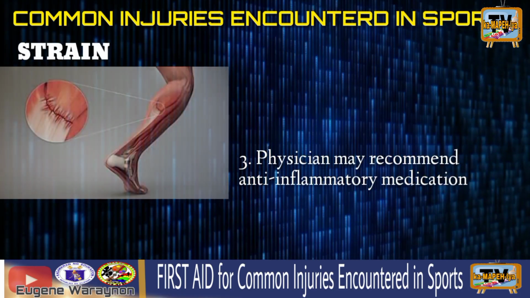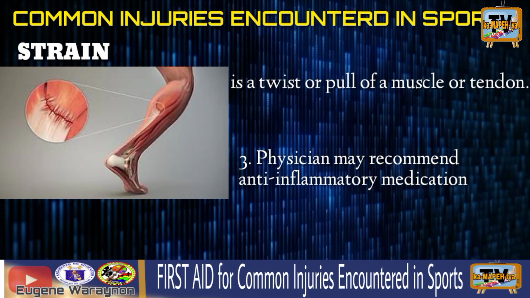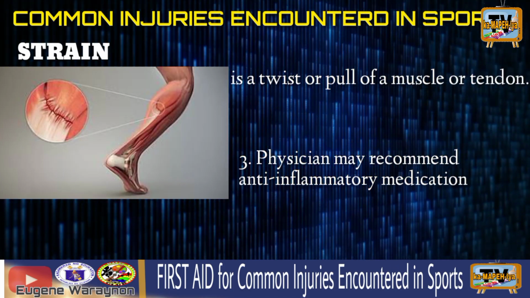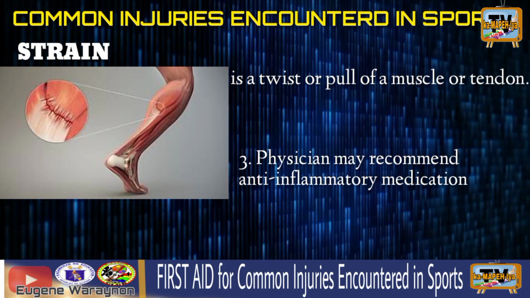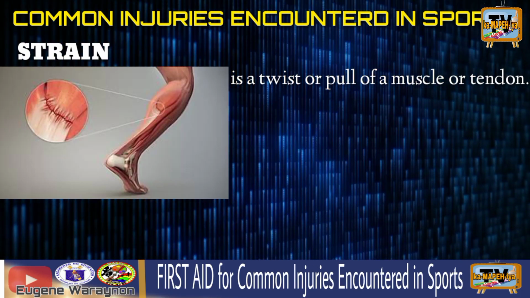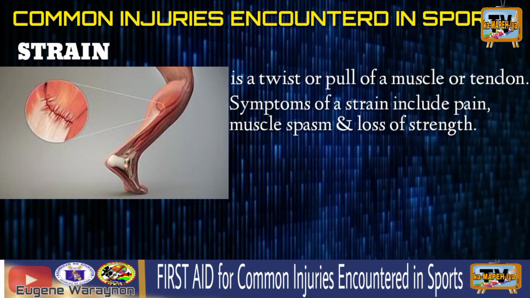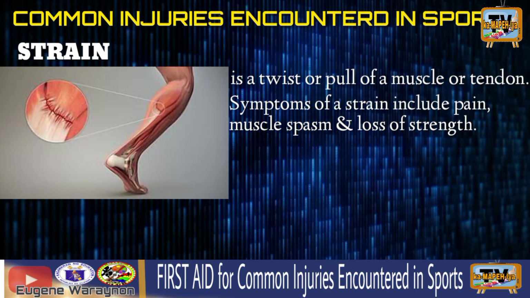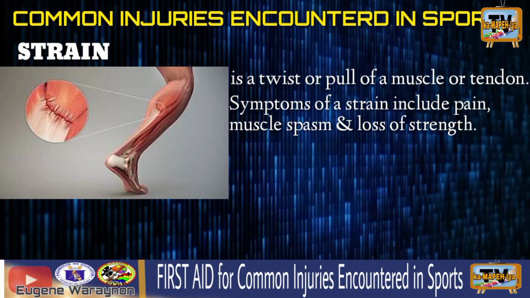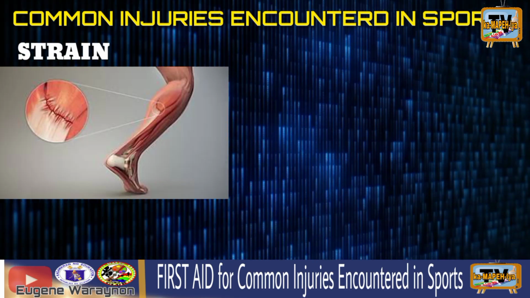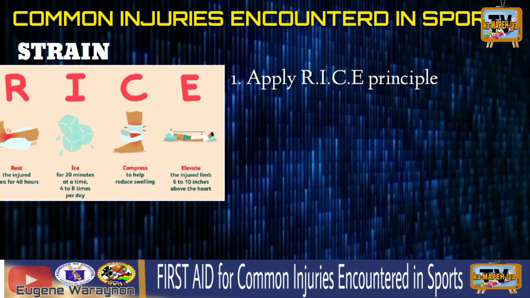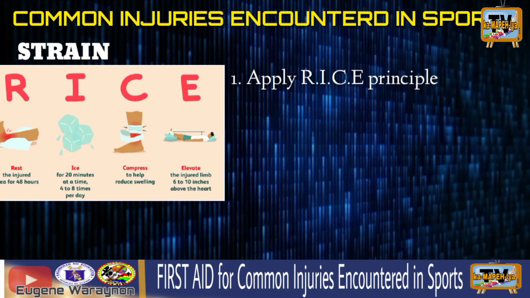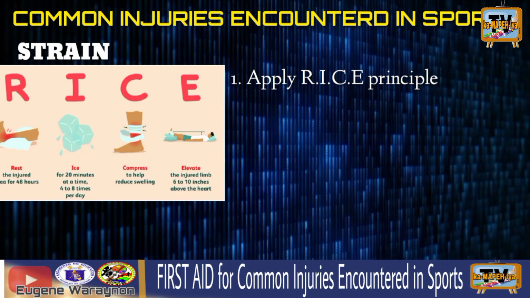Another is strain. A strain is a twist, pull, or tear of a muscle or tendon. Tendon is a cord of tissue connecting muscle to bone. Symptoms of a strain include pain, muscle spasm, and loss of strength. How to treat strain: first, apply the rest, ice, compression, and elevation, or the RICE principle.